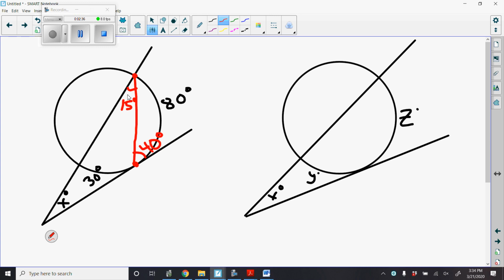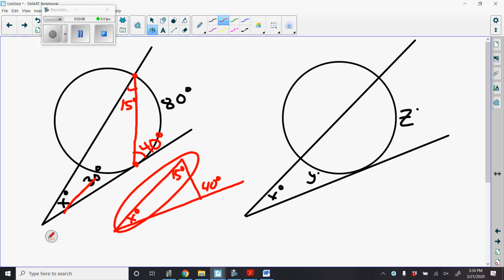Then I'm going back to our old friend. If I just focus on this triangle, x is here. I know this was 15, and I know this was 40. Now what I know is these two angles right here, x and 15, non-adjacent plus non-adjacent, has to equal that exterior angle of 40 degrees.